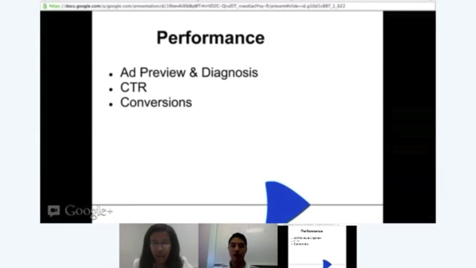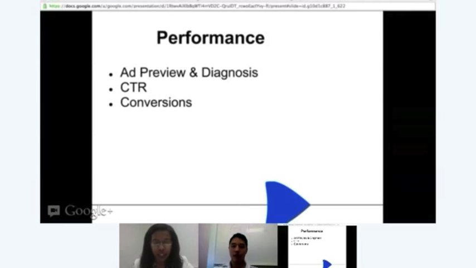And then lastly, we have conversions. This is how you can track the performance from the keyword, the click, the visit to your website, and then having them complete that specific action that Brian was talking about in the previous slide. So using the NGO example, in your ad you told them what the nonprofit organization was, what they do, and then the call to action was to make a donation, let's say.